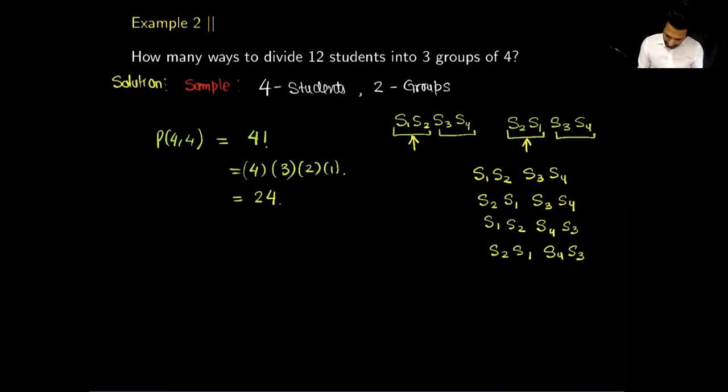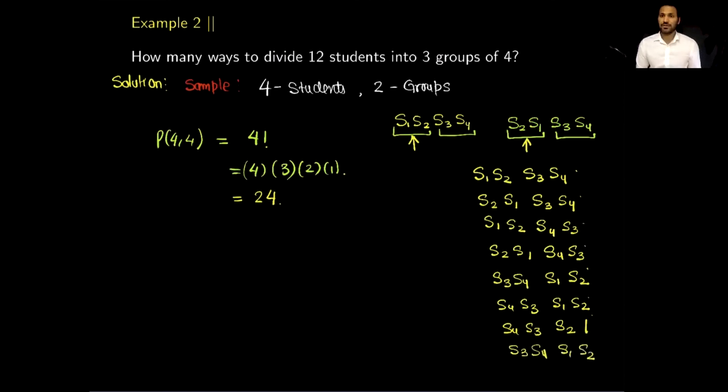Or I can first swap the groups, S3, S4 and S1, S2, and then find other permutations: S4, S3, S1, S2, then S4, S3, S2, S1, and the last one is S3, S4, S2, S1... S3, S4, S1, S2. So you see that if I take one permutation, there are 8 permutations corresponding to it.